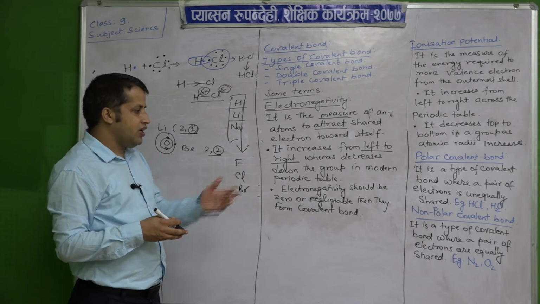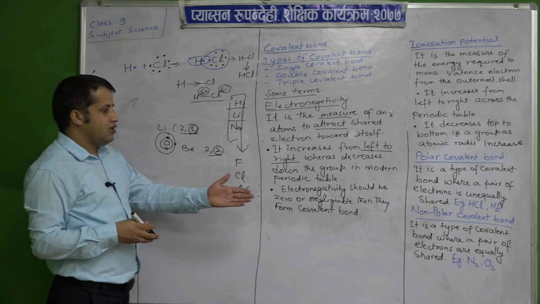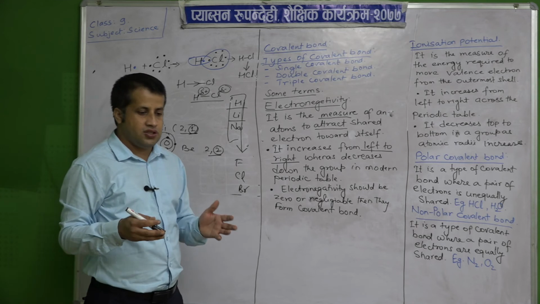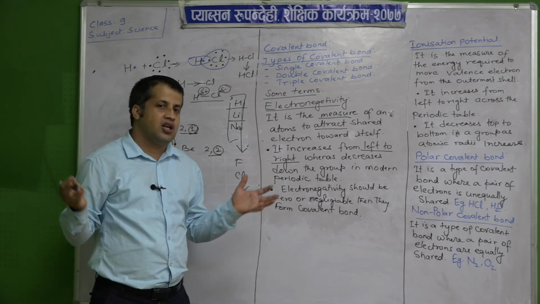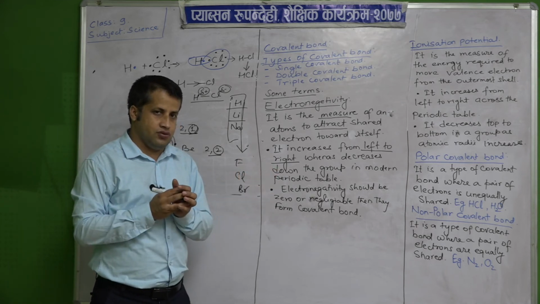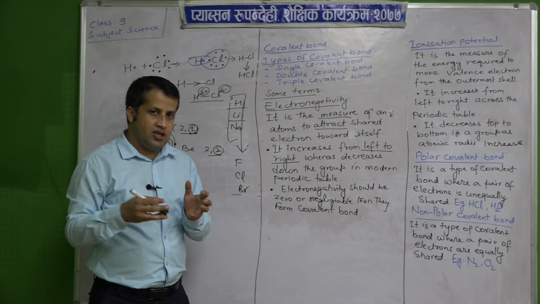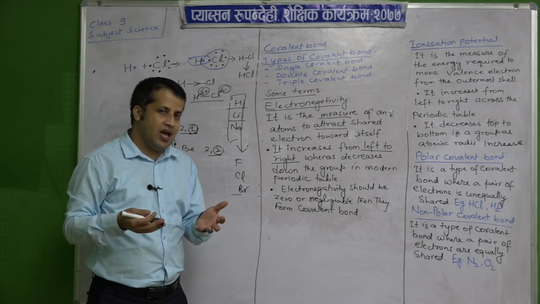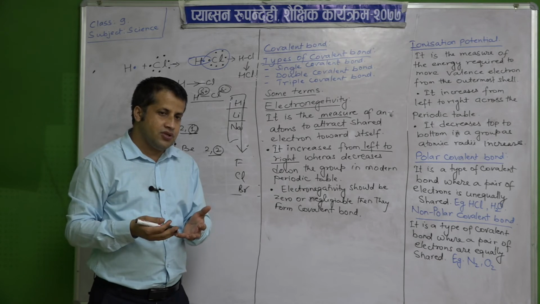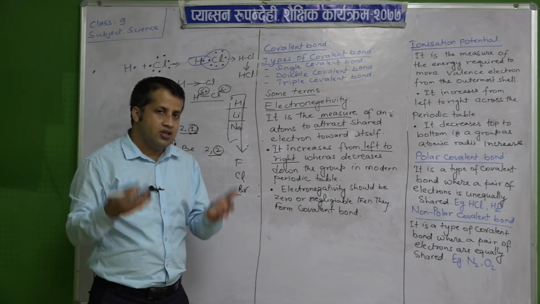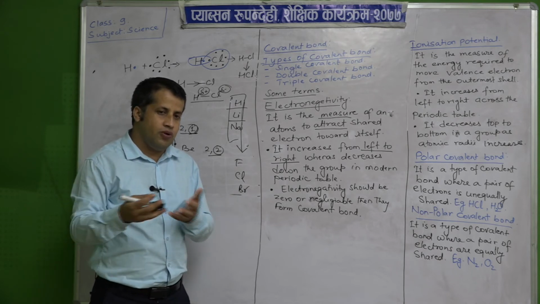But in the case of oxygen and nitrogen, which we have discussed, both of them are sharing an equal number of electrons, and they are also the same atoms. So their electronegativity is also the same.